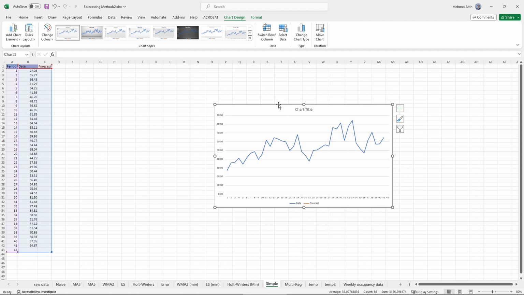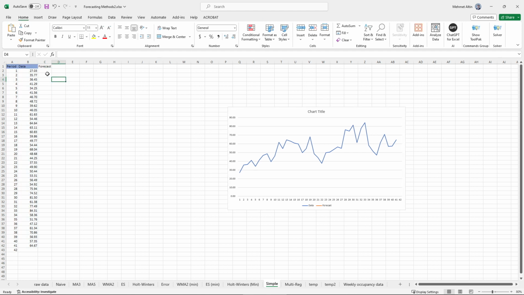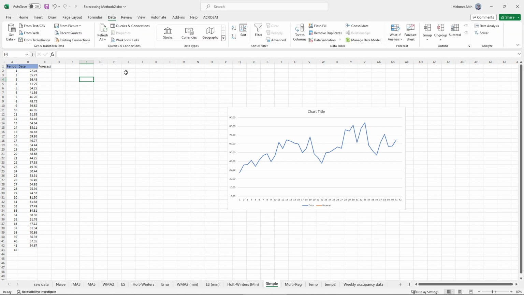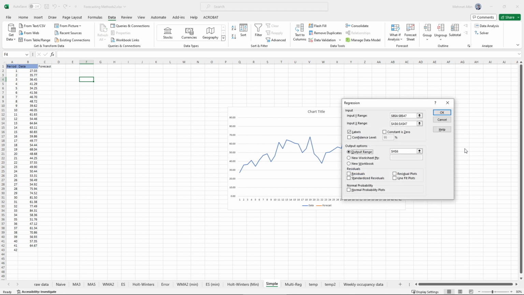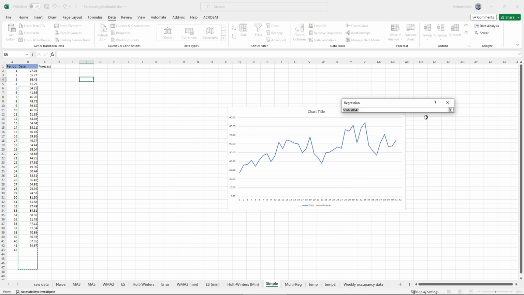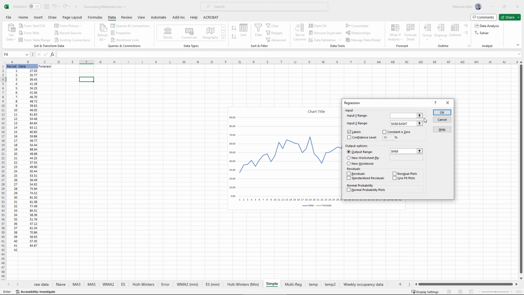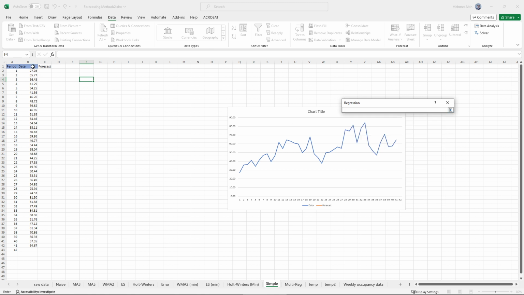Now let's analyze using regression analysis. From the Data tab, we go to Data Analysis and select Regression. Of course, I did this before, but for the sake of simplicity, for the Y range, we are going to select our data.